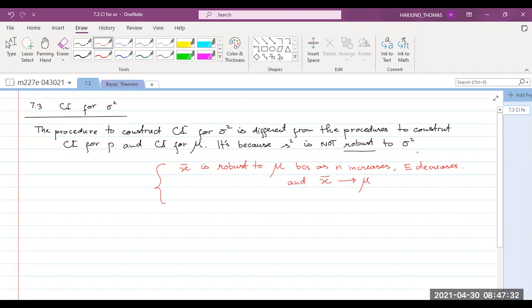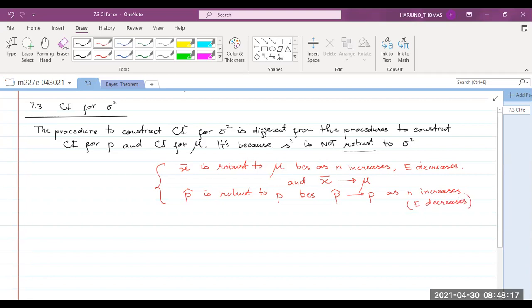The error gets smaller. Likewise, the sample proportion is also robust to population proportion because the sample proportion gets closer and closer to the population proportion as n increases. The larger the sample size, the better the sample proportion approximates the population proportion. That's also because the margin of error decreases.